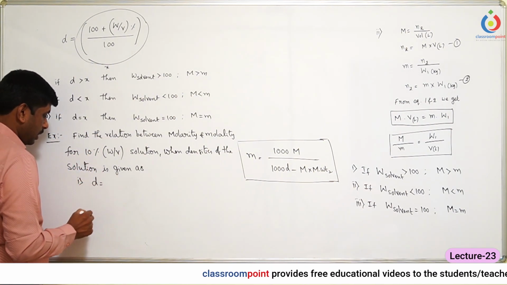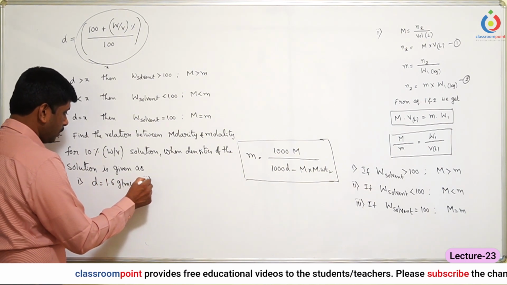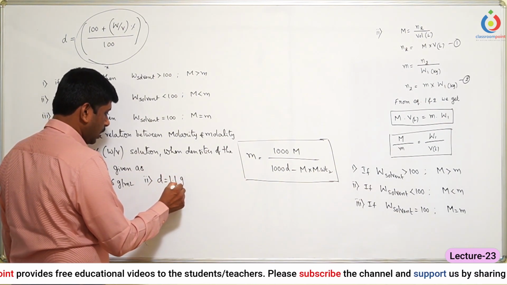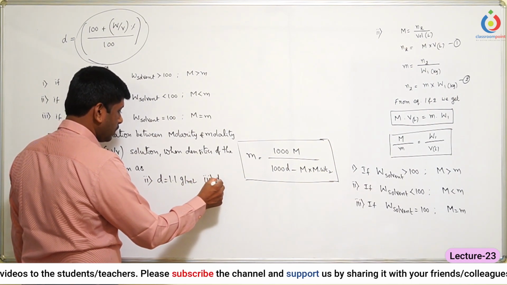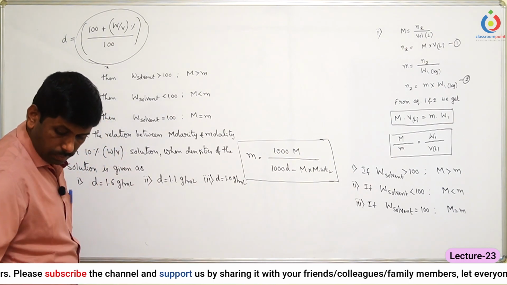Density in the first condition is 1.6 grams per ml, in the second condition 1.1 grams per ml, and in the third condition 1.0 grams per ml.